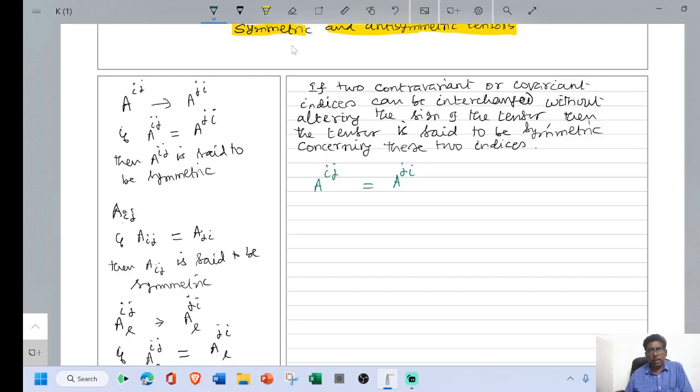If it is covariant, we have to write Aij equals Aji. Now the tensors A^ij and Aij, this contravariant, this covariant, are symmetric.